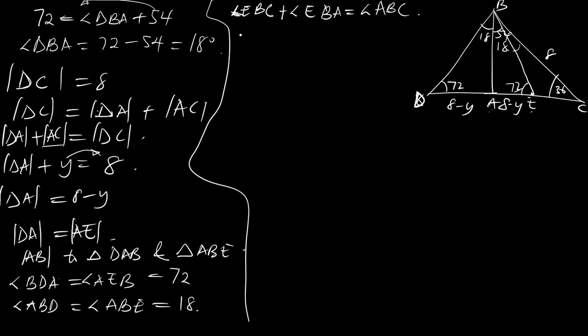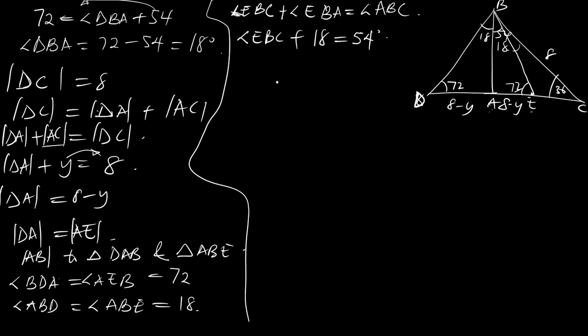So angle EBC is unknown plus angle EBA. Angle EBA is 18 equal to what? Angle ABC, which is what? 54 degrees.